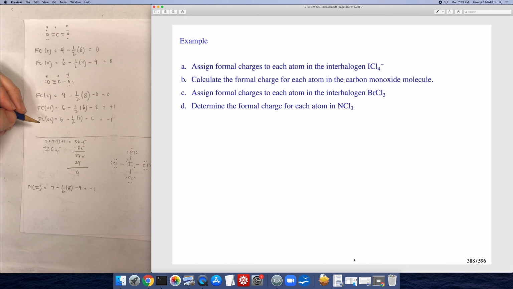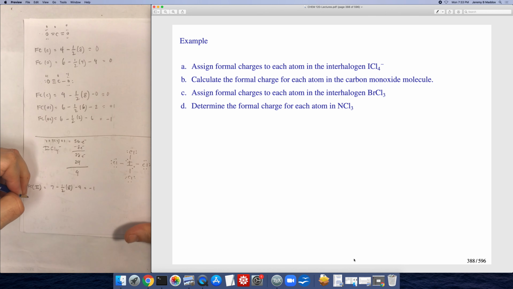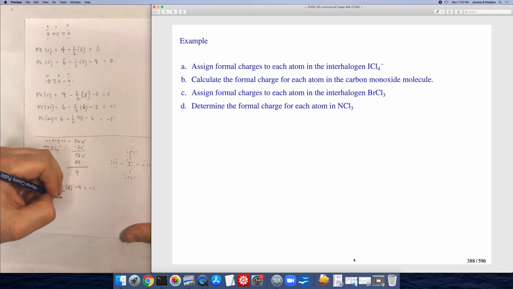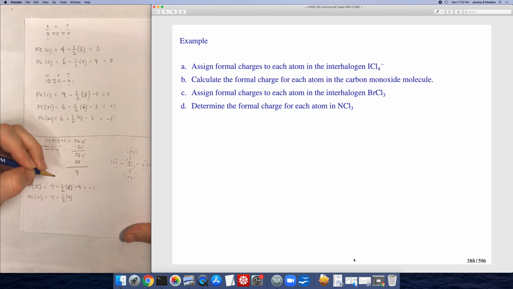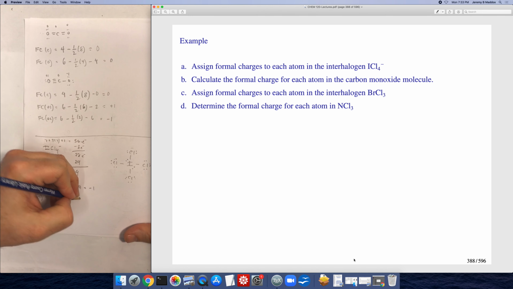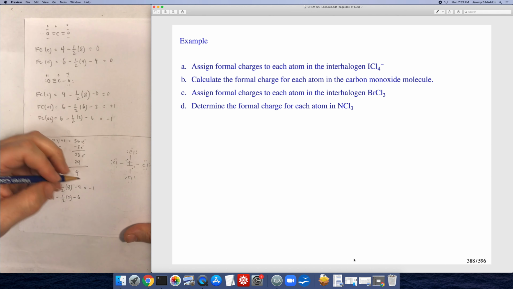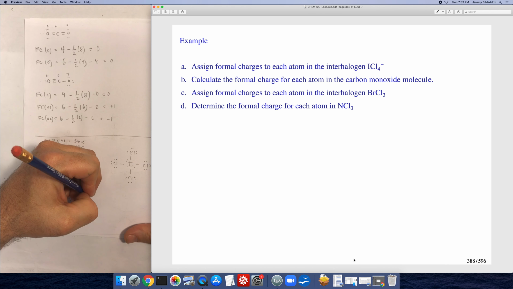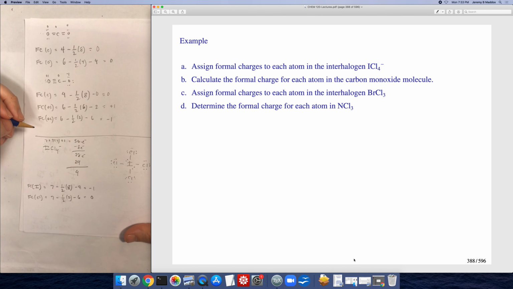for the iodine. Then for each chlorine, we've got 7. Each chlorine has 2 bonding electrons, and each chlorine has 6 lone pair electrons. So we get a formal charge of 0 for each chlorine.